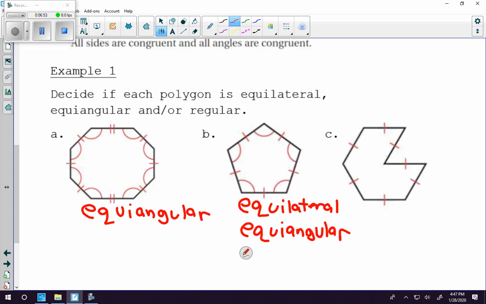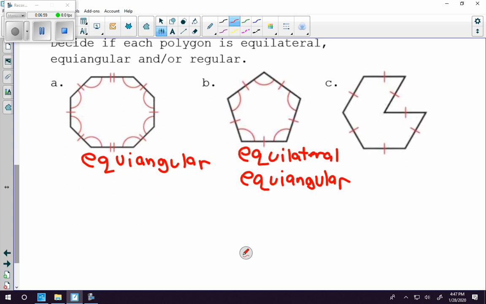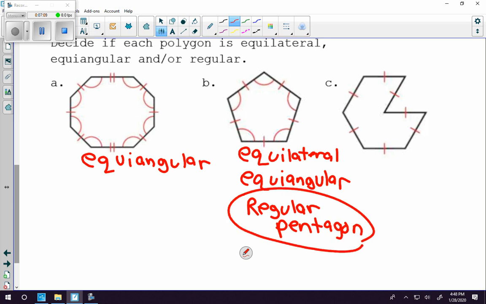So this convex pentagon that we're looking at is equilateral and equiangular, and because it is both, we now classify this as a regular pentagon. Why is it regular? Because it's both equilateral and equiangular.